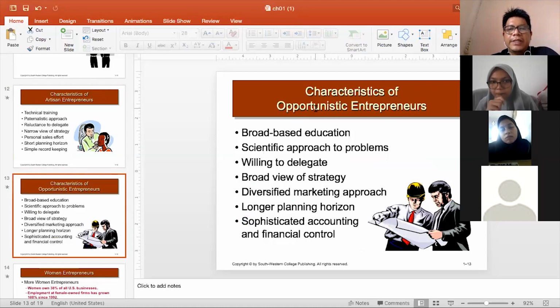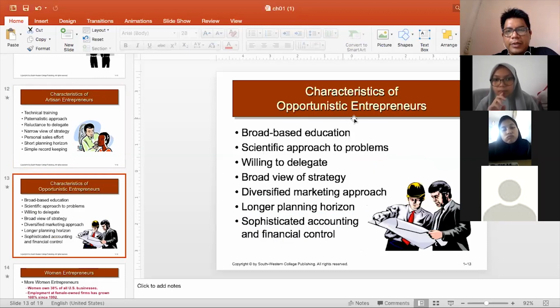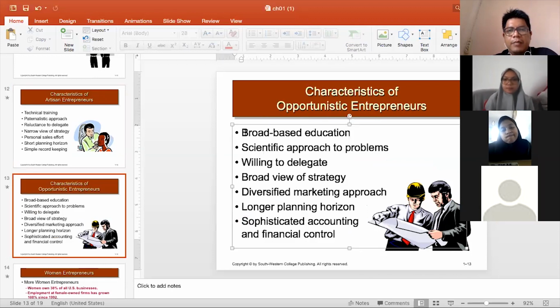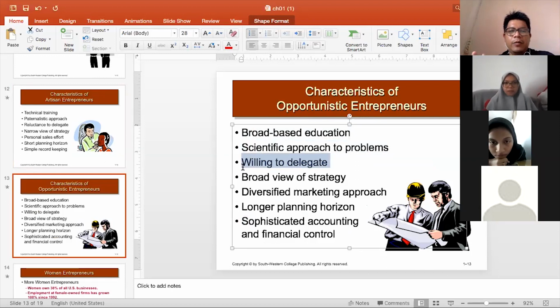Characteristics of opportunistic entrepreneurs. This is the opposite of the artisan entrepreneurs. Broad-based education, scientific approach to the problems. Actually, he has quite high analysis. Willing to delegate. He does not worry about giving authority to other people to solve the problem.